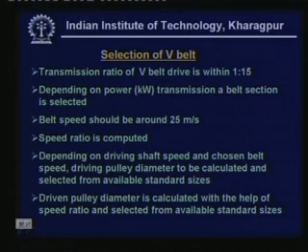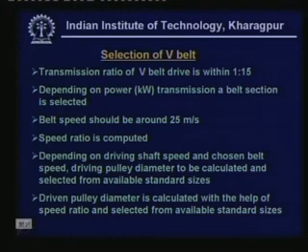Suppose the transmission ratio of a V belt drive is, as I told you, within 1:15. First of all, depending on power transmission, a belt section is selected. That I discussed in the last class in detail, that you should choose a belt section where the typical power transmission is not falling on the extreme ends, but somewhere in the middle.